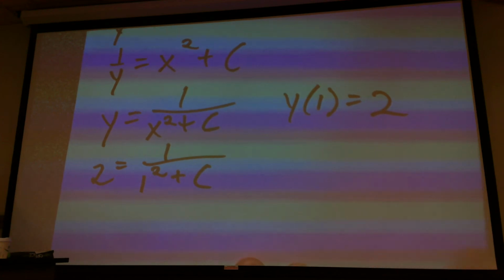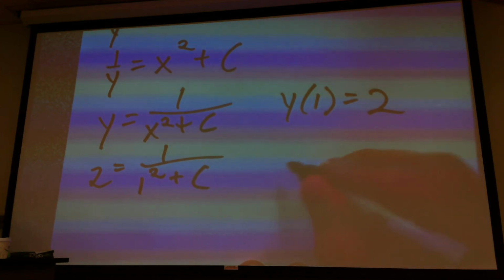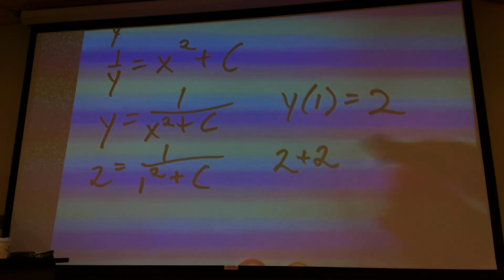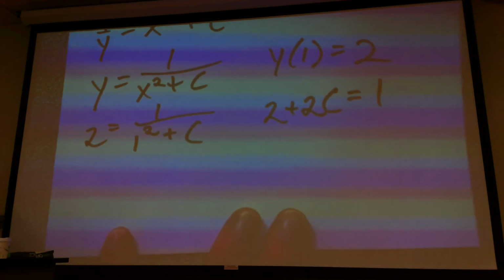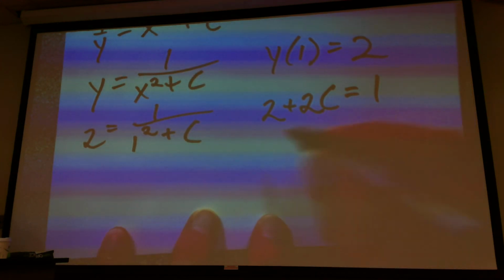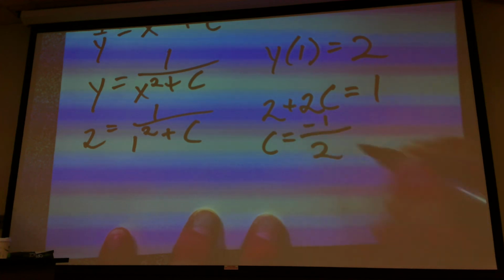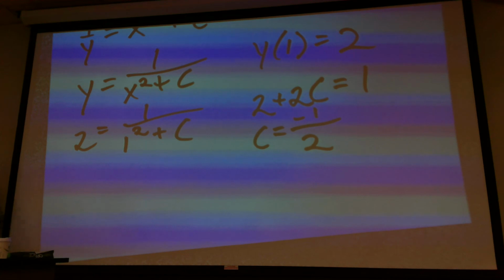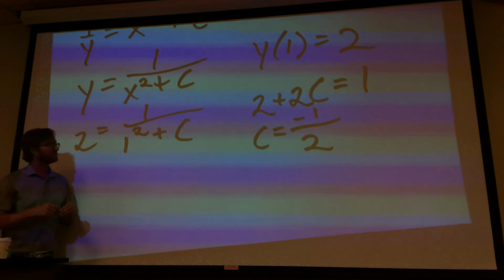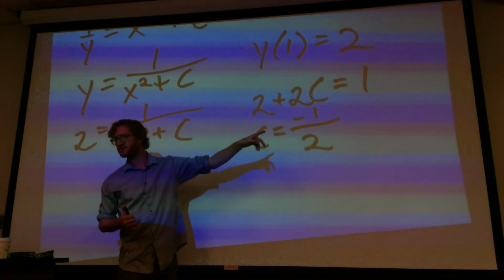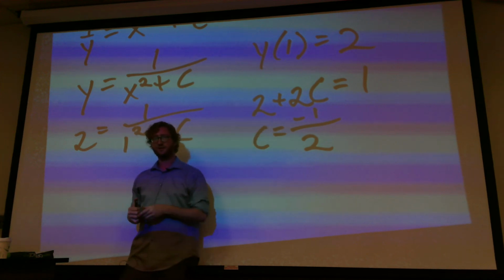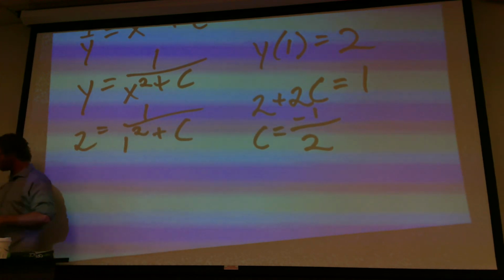So if we move this over to this side, that's going to be 2 plus 2c is going to equal 1. Well, if we subtract 2 from that, we're going to get that c is going to equal negative 1 divided by 2. So I'm taking a couple extra steps right there. But what am I really doing on this problem? I'm subtracting 2 to the other side, and then I'm just dividing by that 2 right there. So that's where I'm getting the negative 1 and the 2 on the bottom.